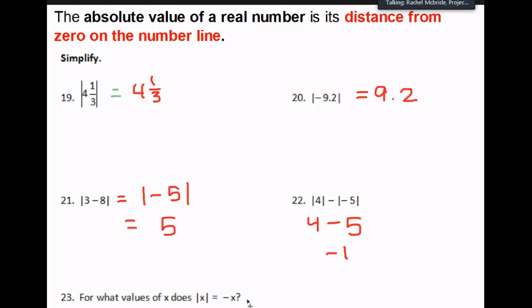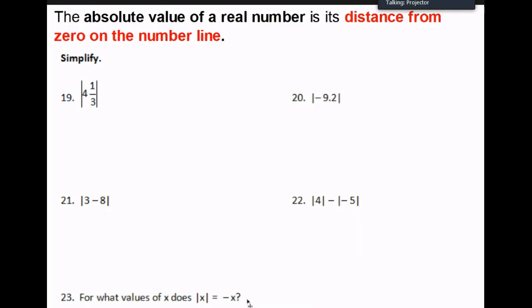Is the absolute value of 1 equal to -1? Somebody said it. 0. So the only number whose absolute value equals its negative is 0, because the absolute value is the distance from 0, and that is 0.